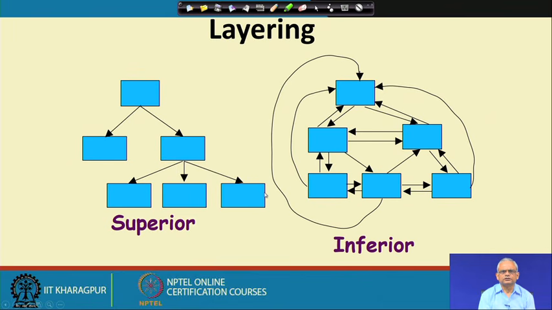One reason is bug localization. If there is a bug, it does not affect the other modules here, only the ones that are below it. Whereas here, any bug can have an effect on any other module.